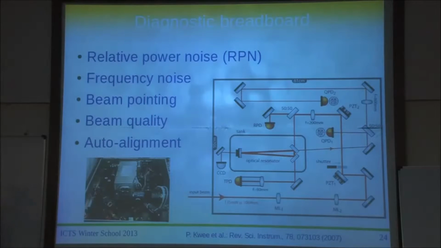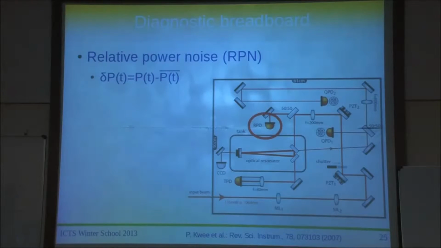So I'm going to go a little bit through the components, starting with the relative power noise. I think some people call it relative intensity noise, but I like this term a bit better because it's not really a pulsed system, so I think that we measure the power noise. That's a deviation from the mean value of the power.